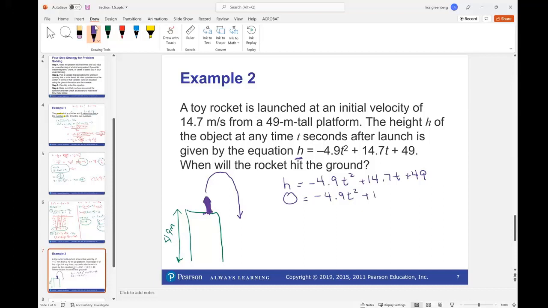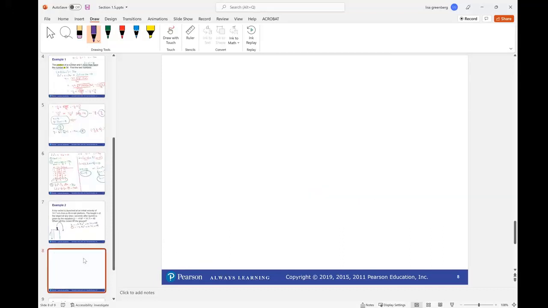And this equation with all the decimals is probably pretty difficult to solve unless you use the quadratic formula. We have 0 equals negative 4.9 t squared plus 14.7 t plus 49.